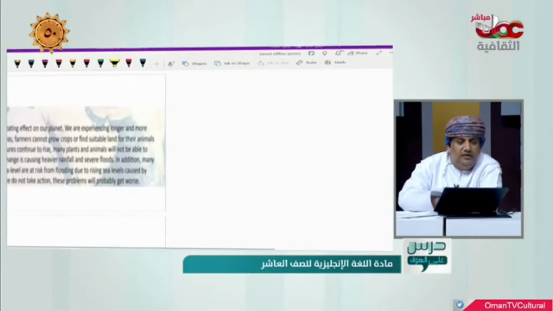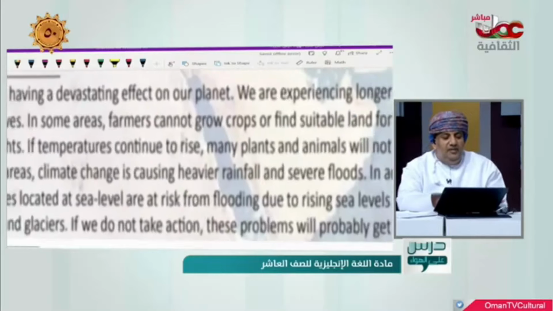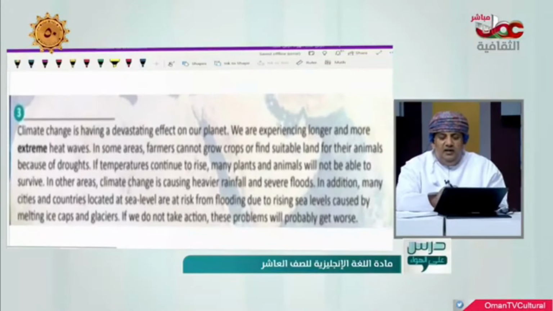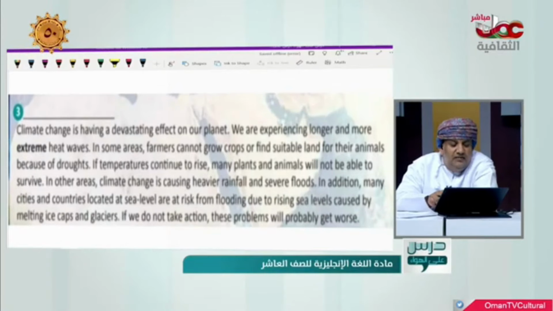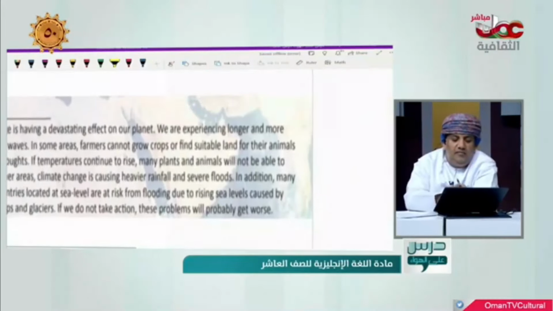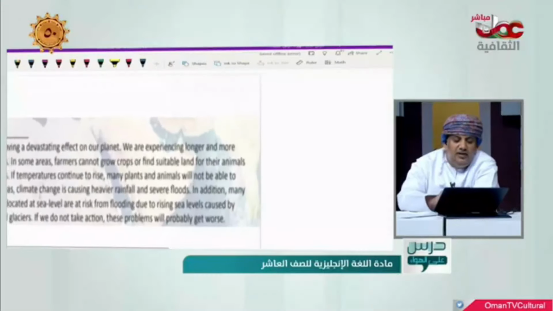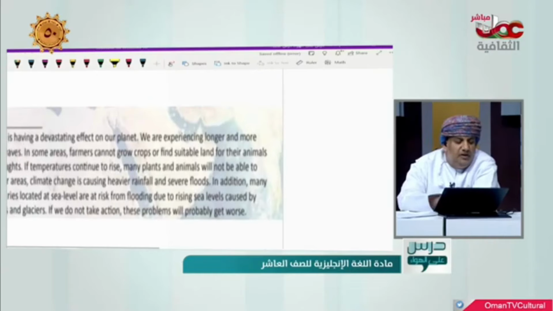For number 3. Climate change is having a devastating effect on our planet. We are experiencing longer and more extreme heat waves. In some areas, farmers cannot grow crops or find suitable land for their animals because of droughts.